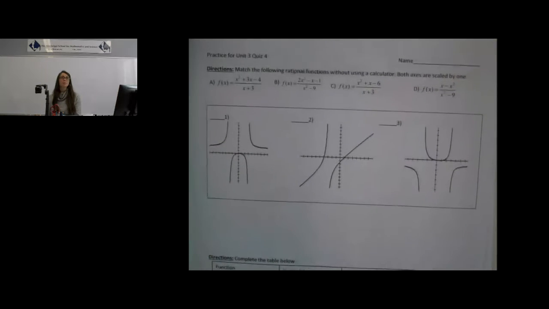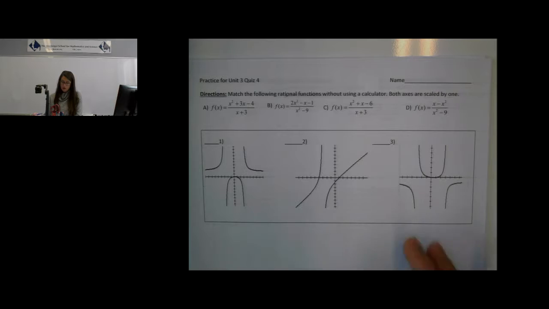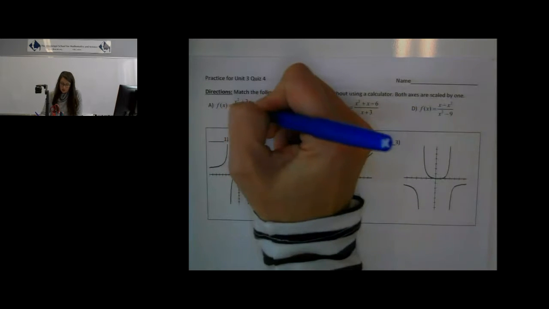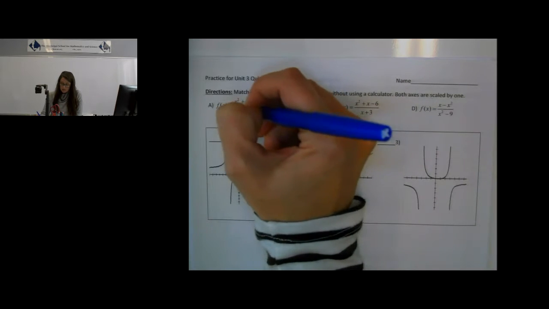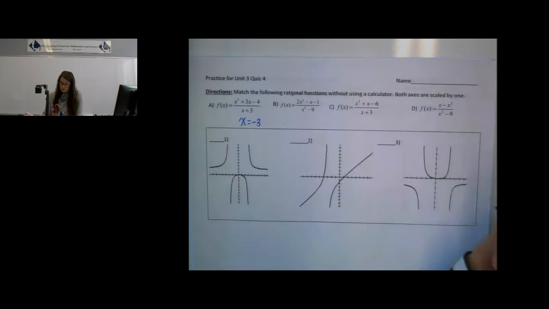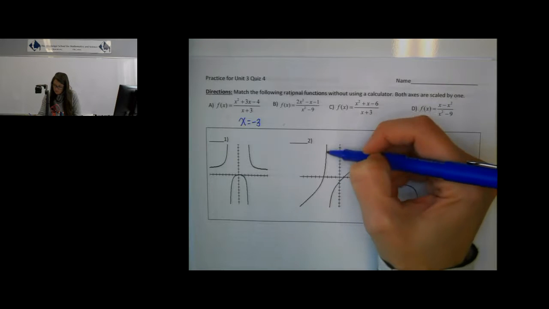Okay, so here we just wanted to match the graphs and what they look like. So let's look right here. I've got a vertical asymptote at x equals -3 for this one. Okay, so x equals -3.